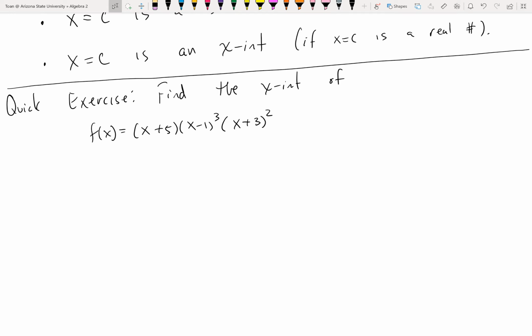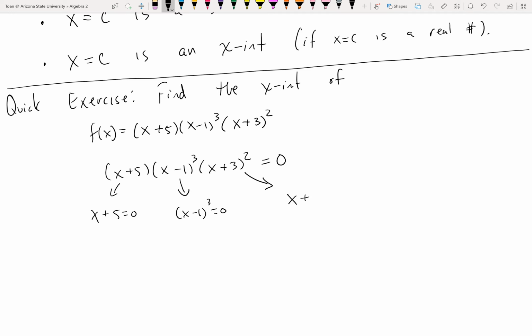I said quick exercise because I made it easy for everyone. It's already in factored form. So to find the x-intercepts, you just set the equation equal to 0. Normally this would be a hard question because there's a lot of x's, a lot of exponents. But since I already gave it to you in factored form, we just go straight to the zero product property. If it's in factored form, you just set each factor separately equal to 0.